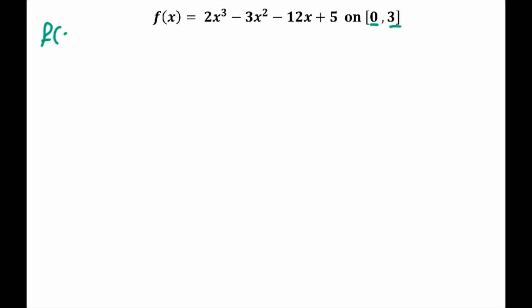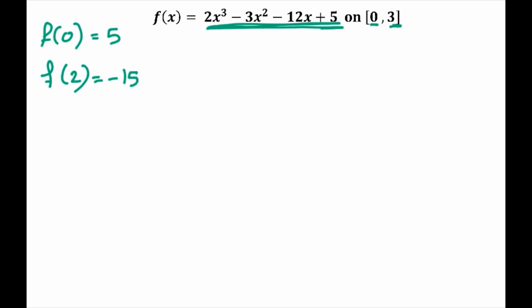So f of 0, you will substitute 0 here, and you will get 5. f of 2, you will substitute 2 in this equation, and you will get -15. And you will use f of 3, the endpoint, and you will substitute, and you will get -4.